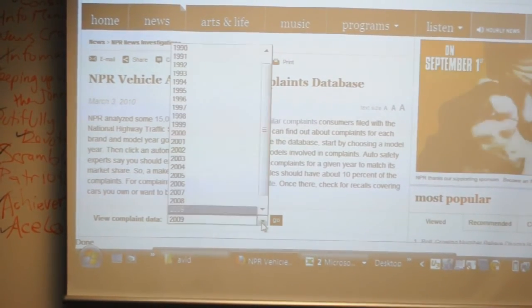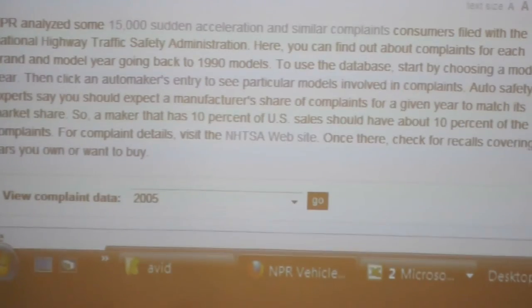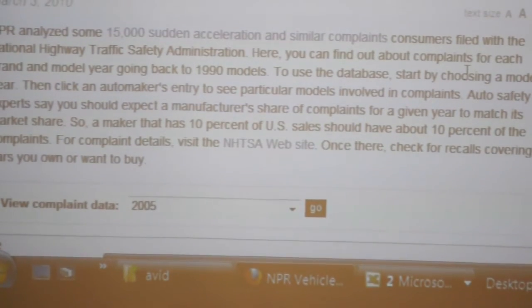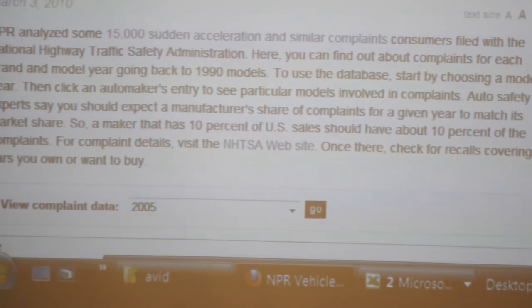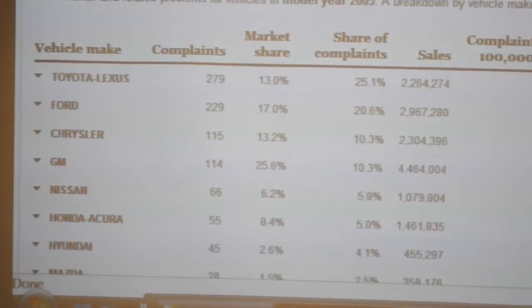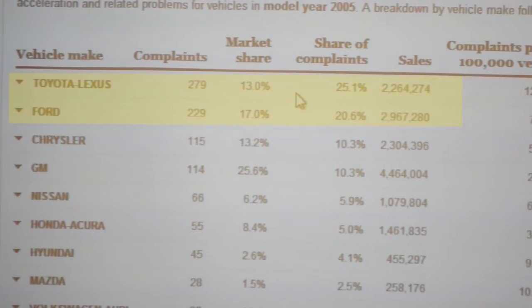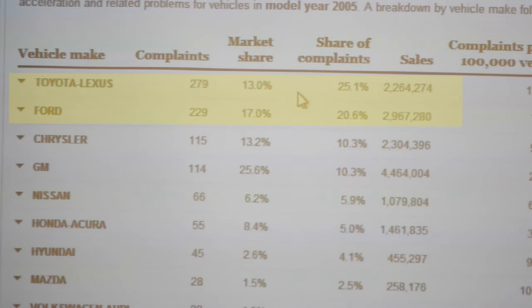Here's an example from 2005. And when we go to 2005, we see that Toyota does in fact come to the top. It had 13% of the market share that year and 25% of the complaints. When we look at Ford, also kind of disproportionate. It had 17% of the market share and about 21% of the complaints.